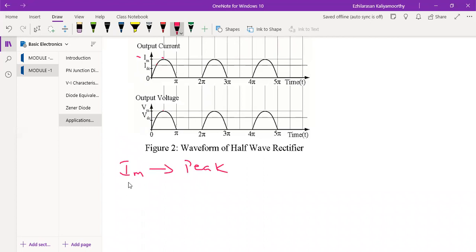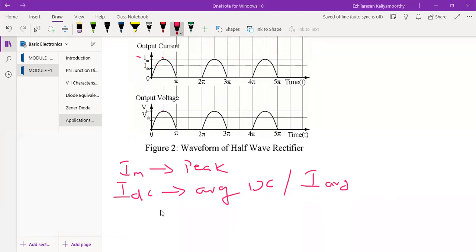Then IDC is nothing but average DC current, or sometimes they may call it I average, because sometimes in books you can see these derivations also.